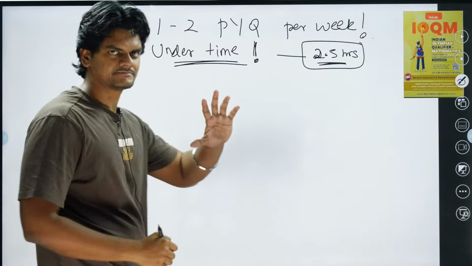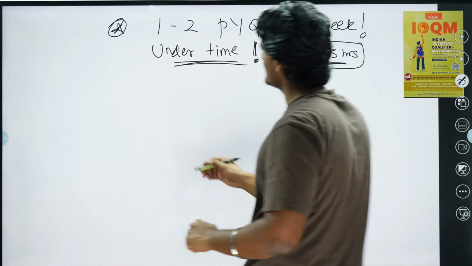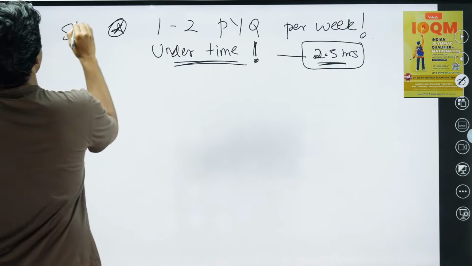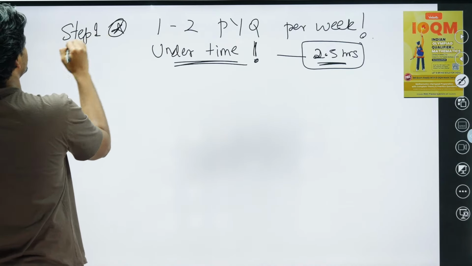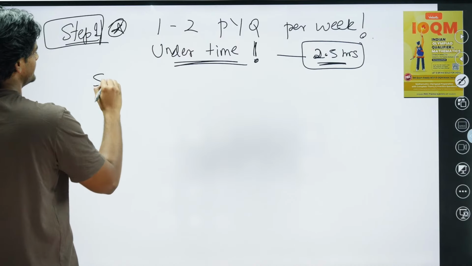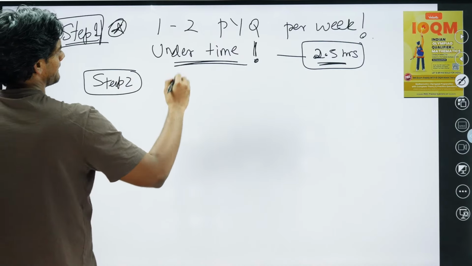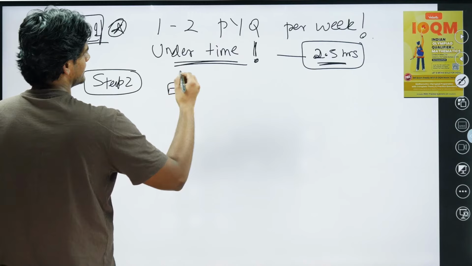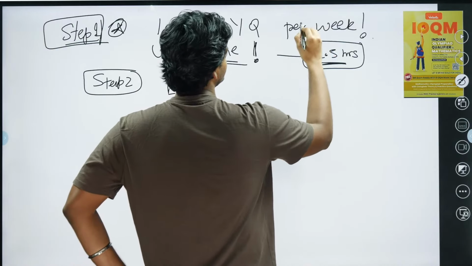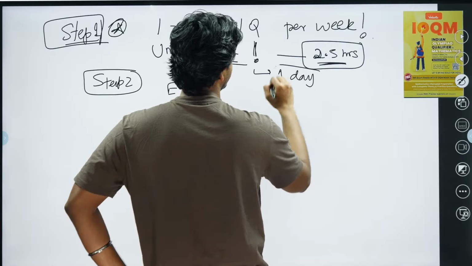There is 3 hours, it is 3 hours. So I want you to give 2.5 hours only, and then spend a lot of time every day. This is step 1. This is not for the first timers, by the way. Step 2: the rest of the week, this is in 1 day, say Sunday.